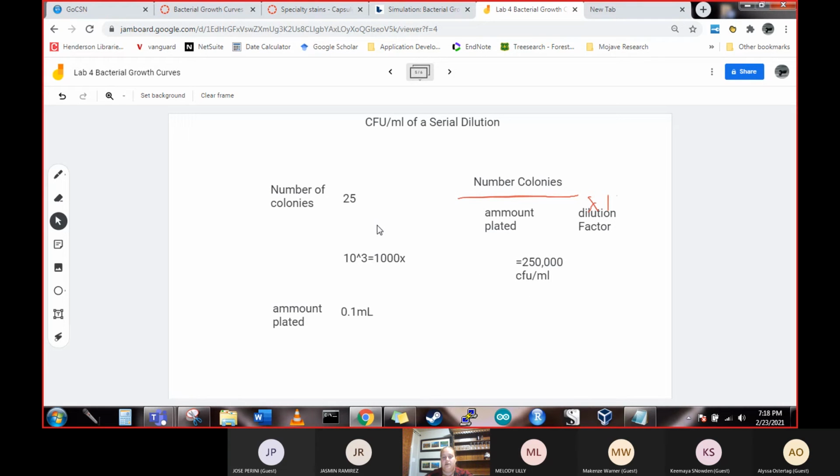So you could have different amounts of bacteria that are not representative of the number of colonies on the plate. I know that can be very confusing.